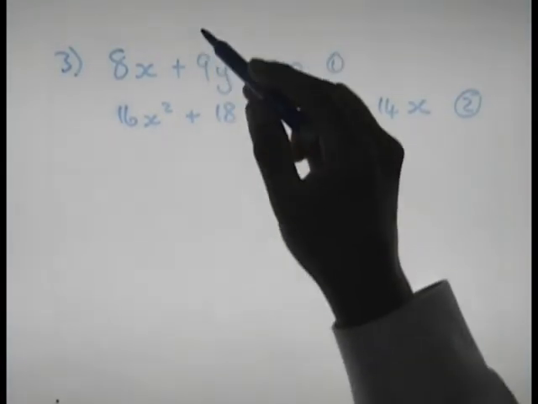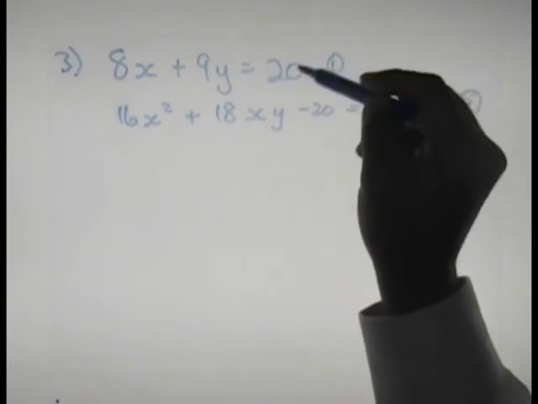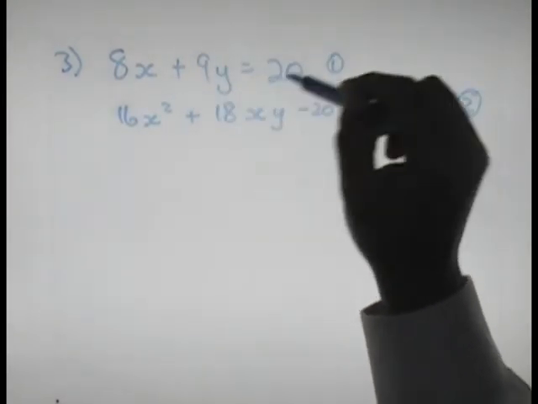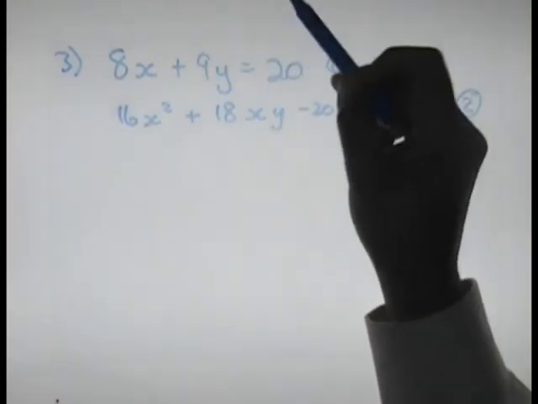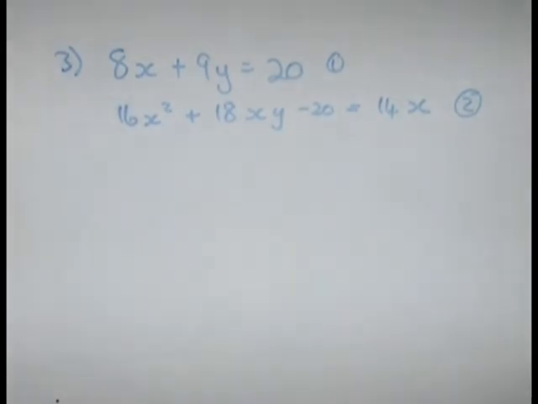Now you can make this 8x is equal to 20 minus 9y, or the other way around, get x on its own and then plug it in there. That's fine, you'll still get to the same answers I'm about to get to.